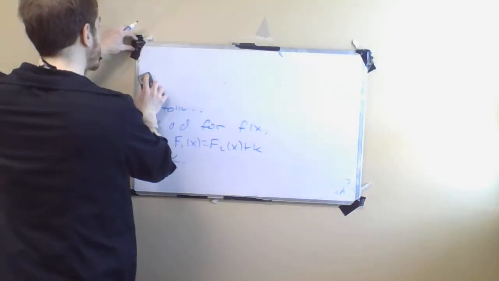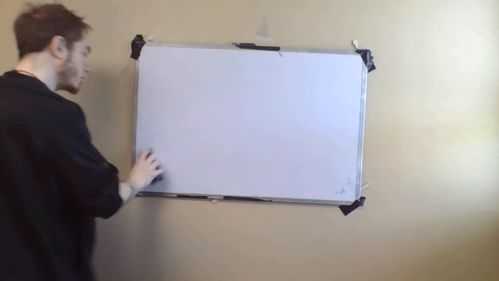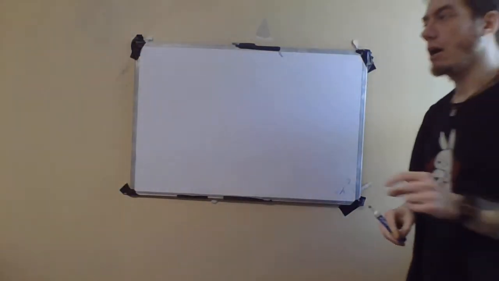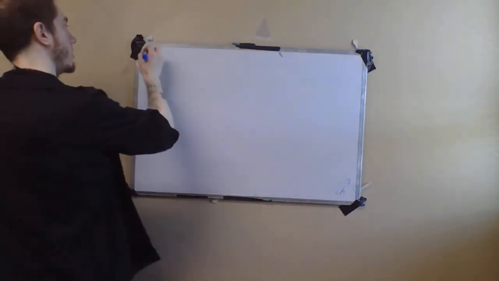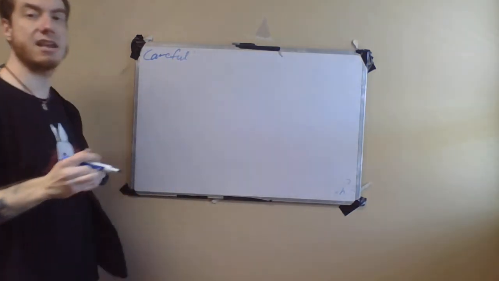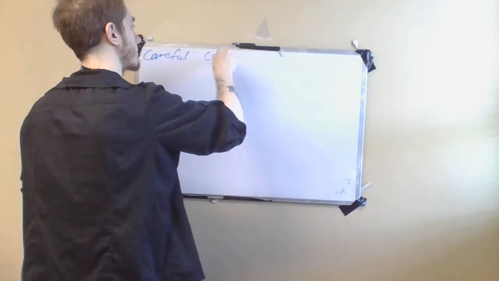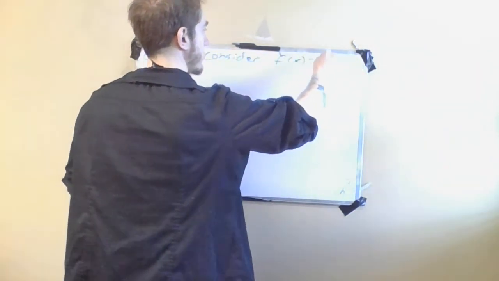The reason we need to be careful is because maybe the domain of our function is not going to be just one interval or a connected interval. So here is the sort of situation that I want you to be careful about. Consider f of x equals 1 over x.